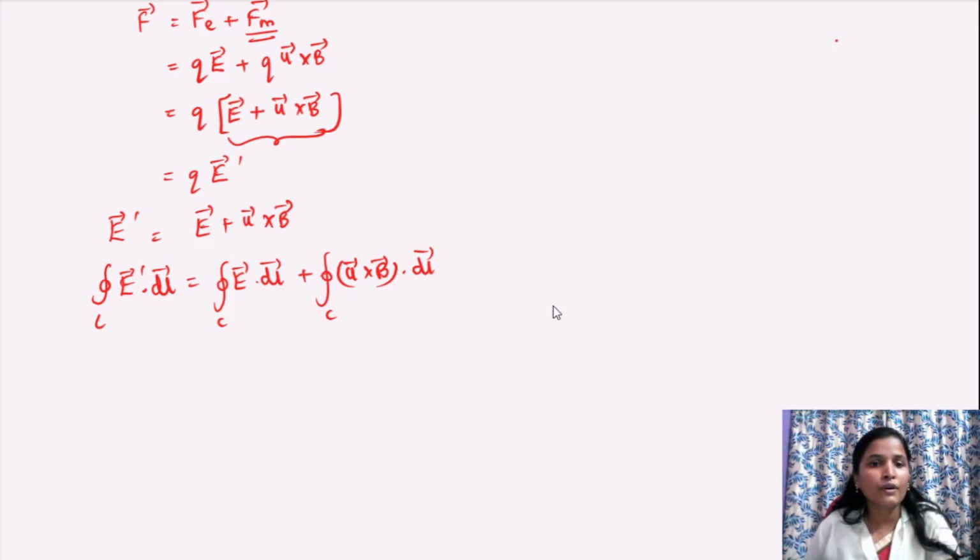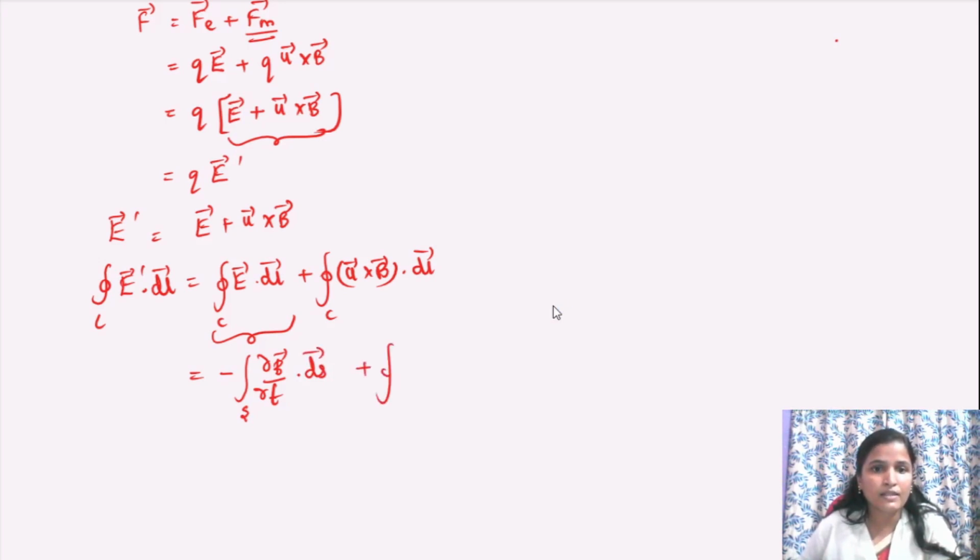The first term we can replace with the fundamental law, that is minus the surface integral of dou B by dou t dot ds, plus again the closed line integral of u cross B vector dot dl.